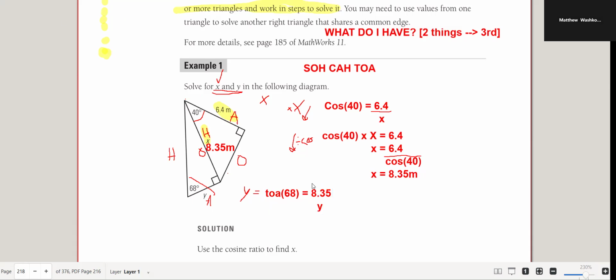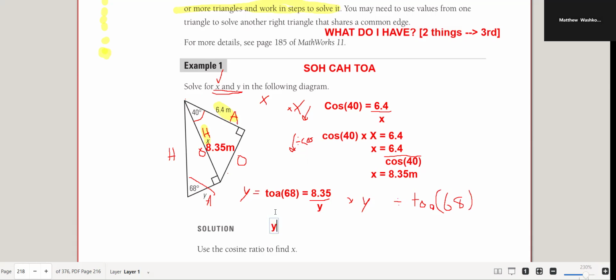which is Y. I do it the exact same way, but I don't have a lot of space left, so I'm just going to skip this step. I know I need to times by Y, and then divide by tan of 68. That's what has to happen here.